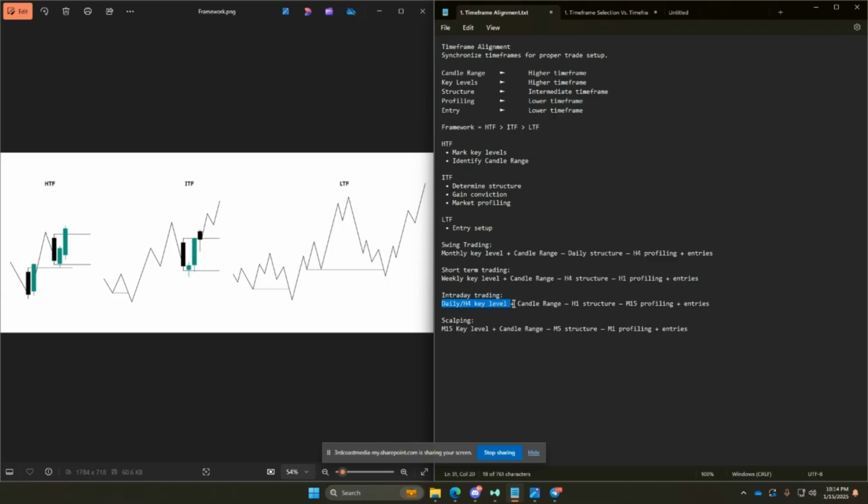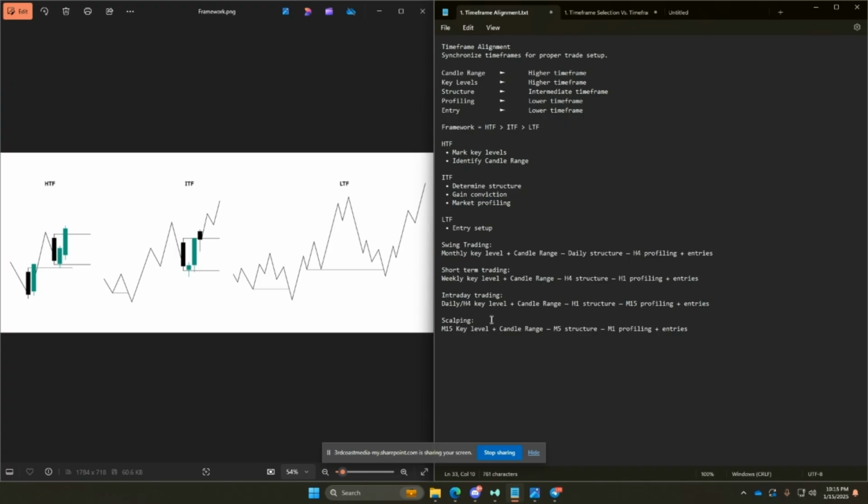We'll go into specifics later on in the mentorship when we start building with more advanced concepts. But for now, just know that for intraday trading, the higher time frame is typically the daily or the H4, which is used for key levels and candle ranges. H1 is used for basic market structure, and the 15-minute chart is used for market profiling and entries.